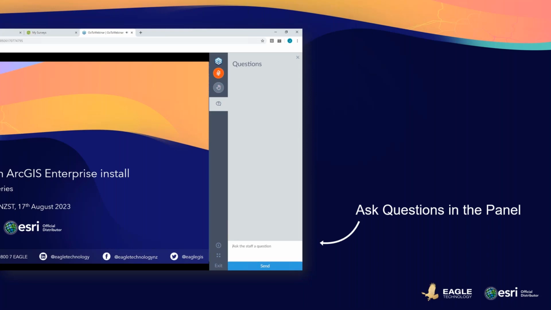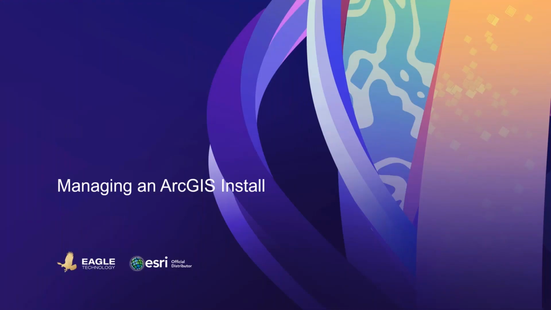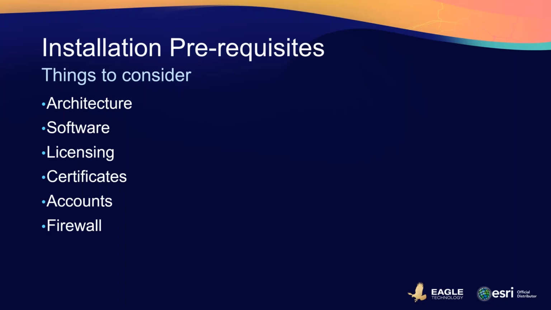Cool. Great. So we'll jump straight into it. Managing an ArcGIS install: the installation and prerequisites. These are things to consider when installing any enterprise environment. Obviously we've got the architecture, and really the architecture is a fundamental and massive consideration on how you're going to deploy your enterprise.